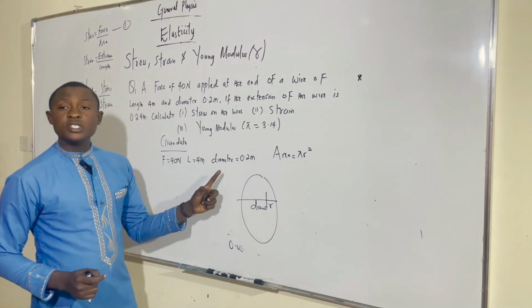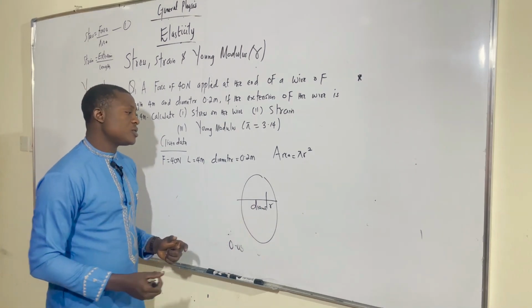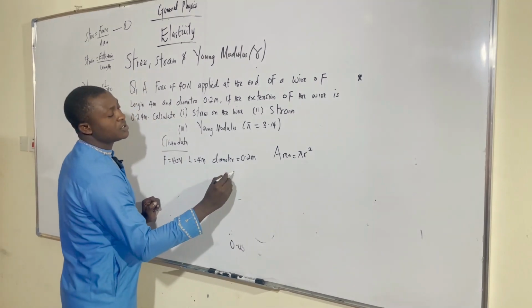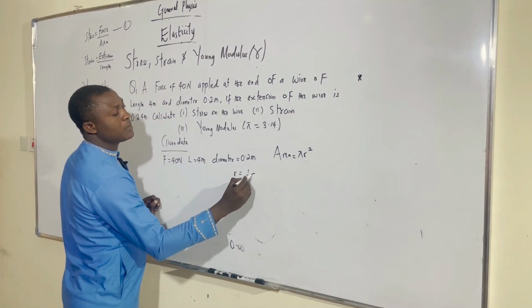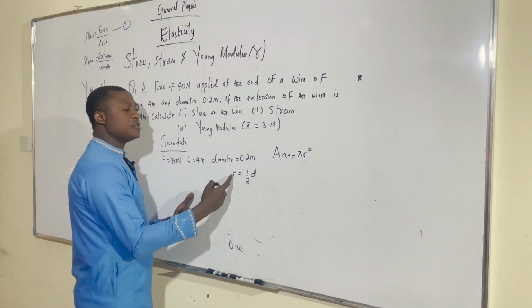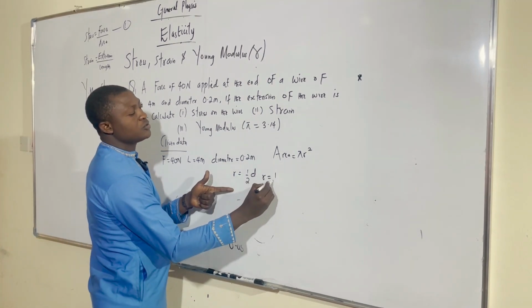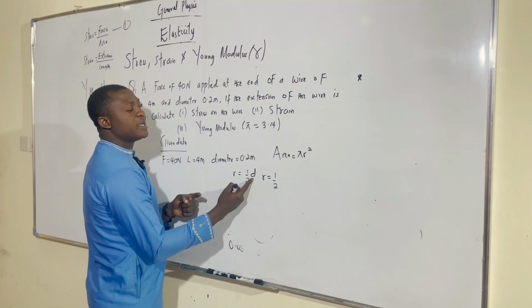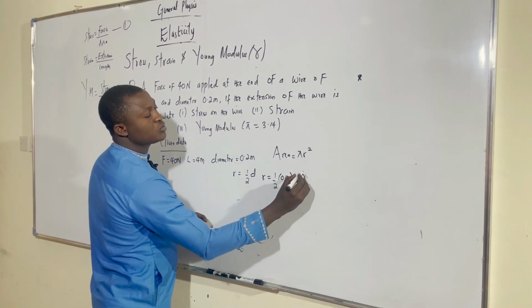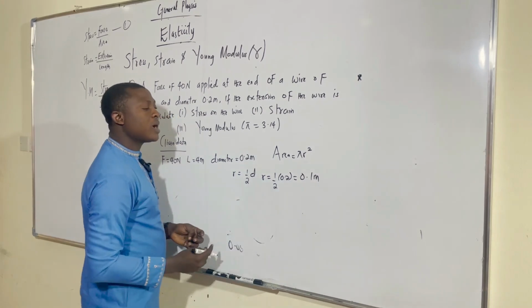Meaning, through the diameter, we can obtain the value of our radius. So the radius is half of the diameter. My diameter is 0.2, so if I divide this, we are going to have radius to be 0.1 meter.